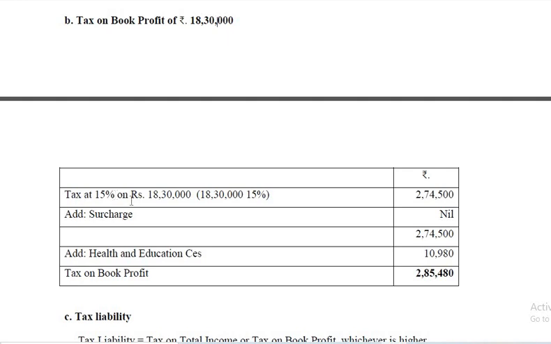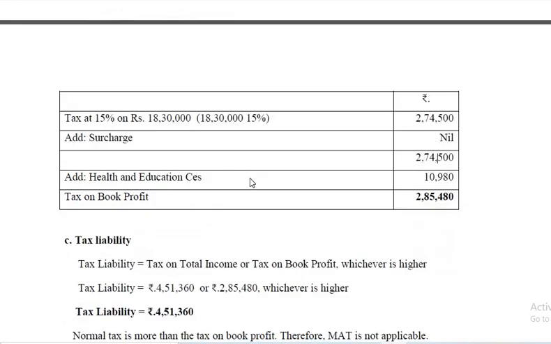So tax at 15% on 18,30,000 comes to 2,74,500. Surcharge is not applicable, so the amount remains the same. Health and education cess at 4% on 2,74,500, let me make it very clear. As a result, it is 10,980. So total tax on book profit is 2,85,480.